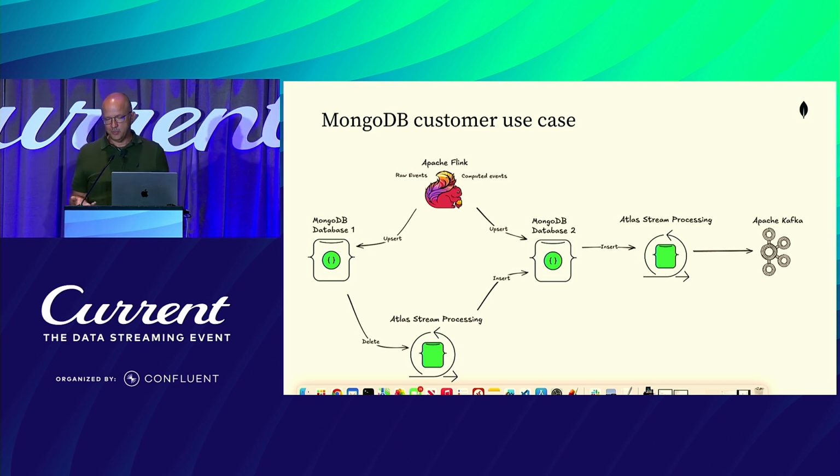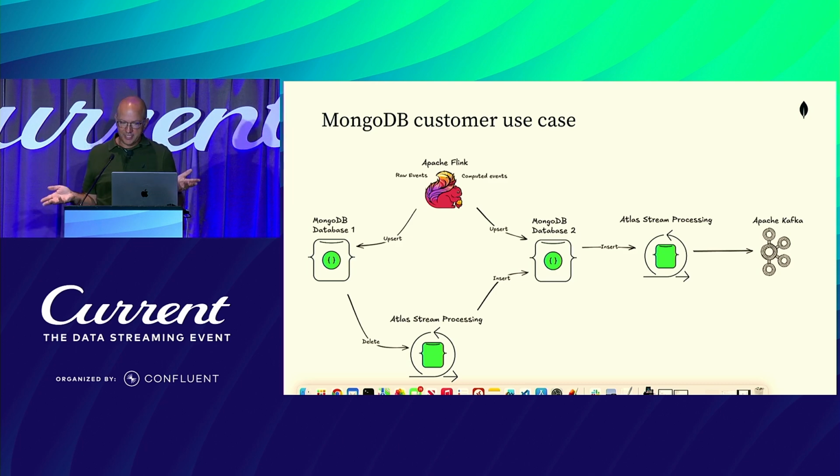We do have a customer use case that I had to trim a lot of this back, so I didn't disclose the customer or the exact use case. But at a very, very high level, their use cases are using Flink for some of the advanced capabilities it has to do complex event processing and writing their data to MongoDB. From there, they're using Atlas Stream Processing. It's a little bit more lightweight.